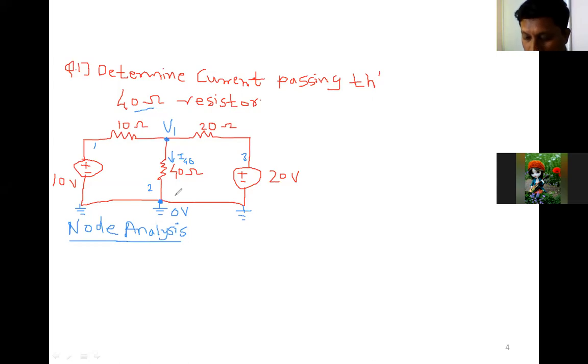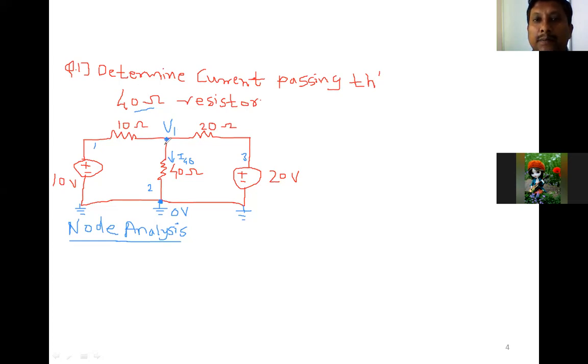Okay. Now after that, we have to apply the third step. Third step means what? We have to apply Kirchhoff's current law at the principal node. So only one principal node is there, that will be V1. So now we have to use the rules of KCL. KCL we are going to apply at a node. That is the first point.